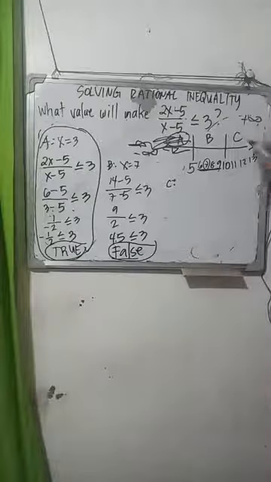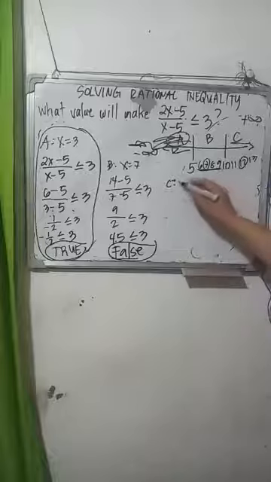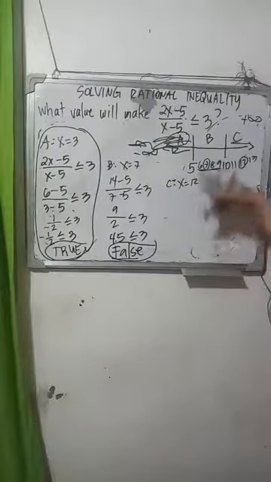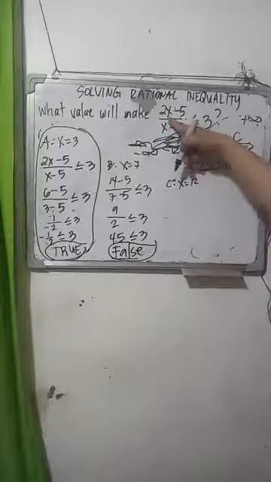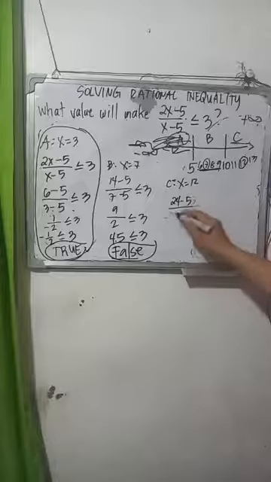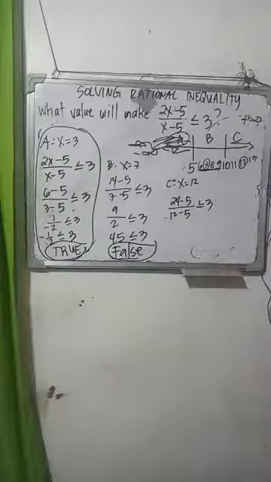That is belong to interval C. So we have 11, 12, pwede rin 13, pwede rin 20, pwede rin 1 million. Okay, that is belong to interval C. So when x is 12, so that is 12 times 2, so that is 24, minus 5 over 12 minus 5, less than or equal to positive 3.